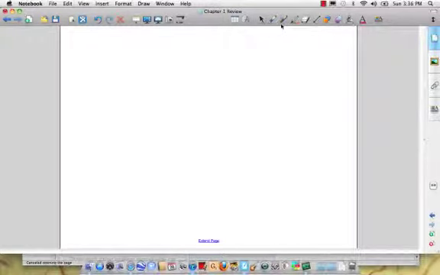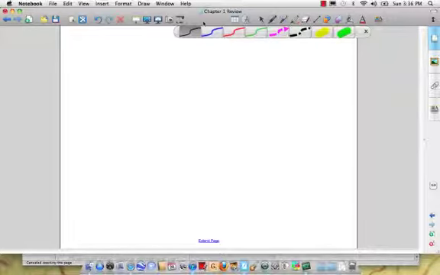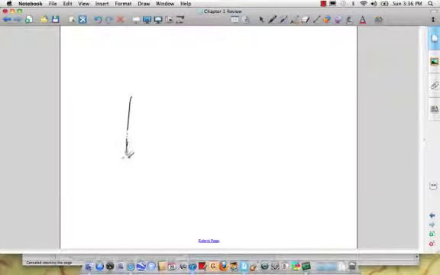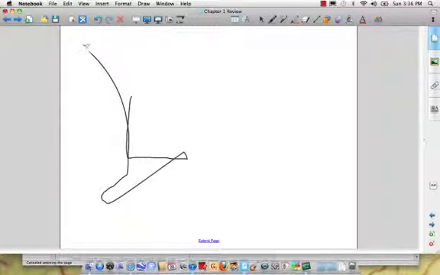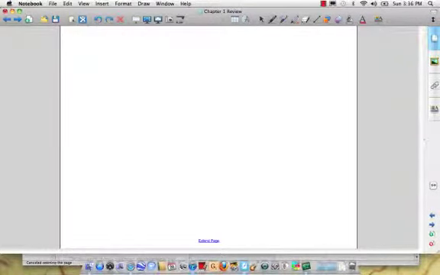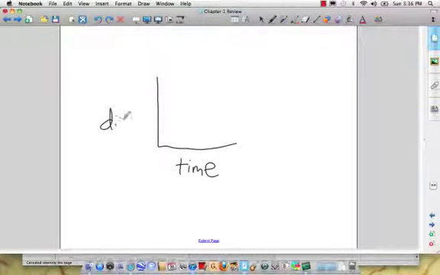Okay, a motion graph. The way we do a motion graph is there'll be 2 axes. Let's undo all of that and start over. Okay, the way you interpret a motion graph, there's 2 axes. One is time, that'll be the horizontal axis, and the other one is distance.